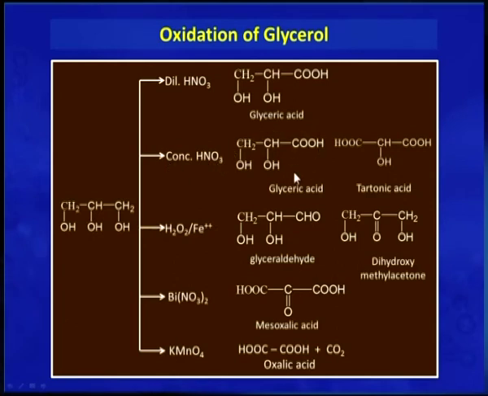Upon treatment with hydrogen peroxide in presence of ferrous ions, it forms glyceraldehyde and dihydroxyacetone, whereas with bismuth nitrate it forms mesoxalic acid, and with a very strong oxidizing agent KMnO4 it forms oxalic acid and carbon dioxide. Degradation of the molecule takes place over here.